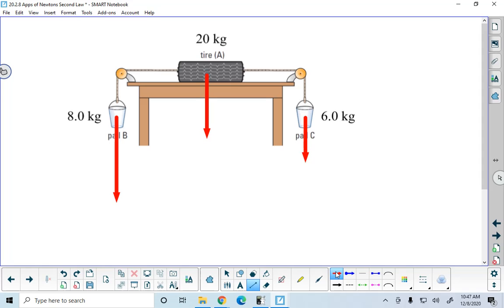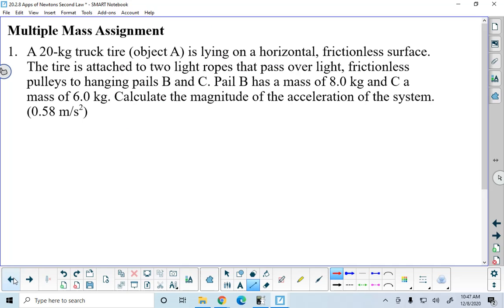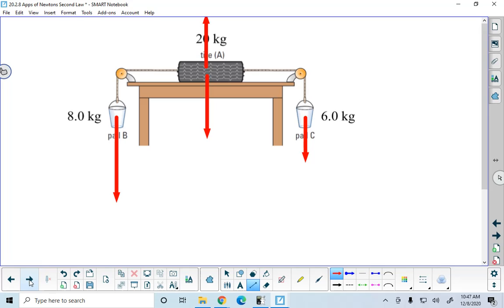You also have a force here that's balanced by a force there, so that's really not relevant. In the first question, if it's frictionless, you can take the mass times 9.81 of the 8 kilogram minus the mass times the 9.81 of the 6 kilogram. But you're going to have to use the total mass.